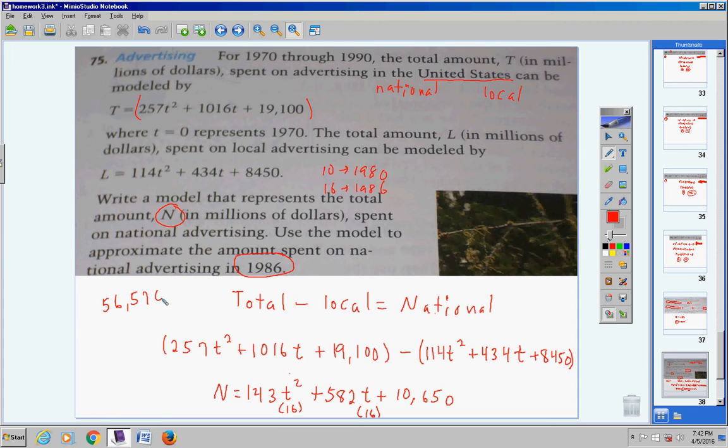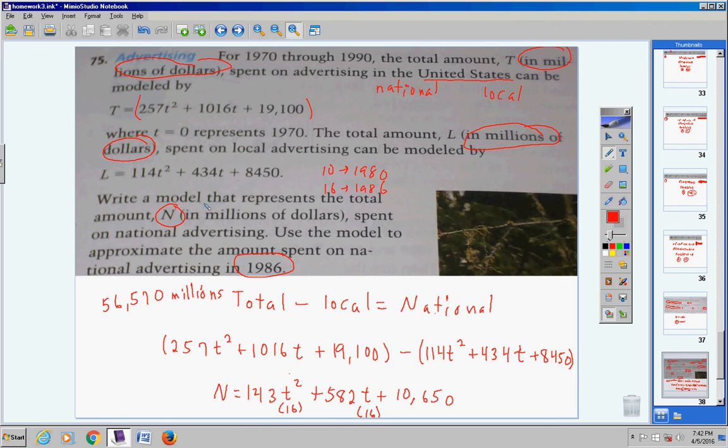That's million, because all of your models were already in millions of dollars. So when you get this number out, you put the word millions after it. And that's how much money was spent in 1986 on national commercials.